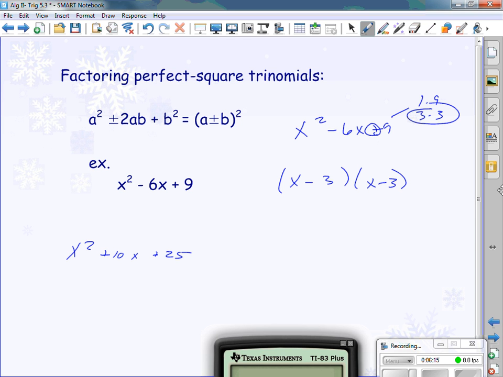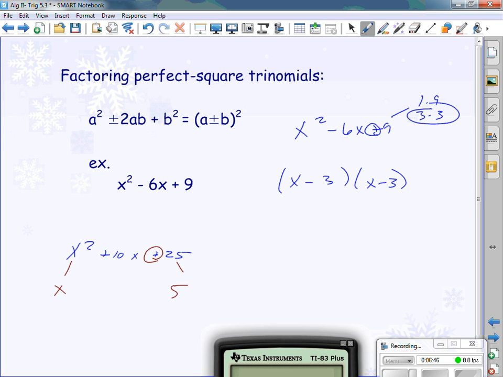To tell if it's special, can I take the square root of the first term? What is it? X. Can I take the square root of the last term? It's 5. Is this positive? Yes. What's 2 times x times 5? 10x. Do I have 10x in the middle? Yes. Since I've answered yes to all these questions, it is special.